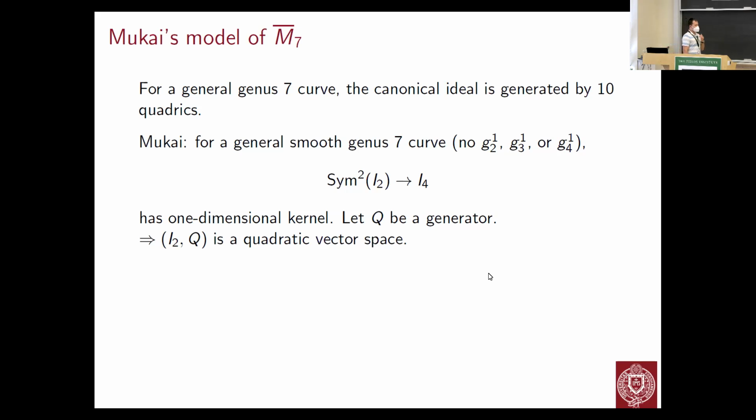And the starting point for Mukai's construction is that he proved that for a general smooth genus 7 curve, and here general means that it's not hyperelliptic, not trigonal, and not tetragonal, the kernel of the multiplication map from degree 2 in the canonical ideal, multiplying two elements together and landing in the 4th degree of the ideal, that multiplication map has a 1-dimensional kernel. So let's let Q be a generator of that kernel.